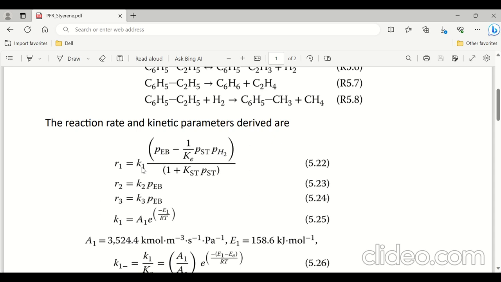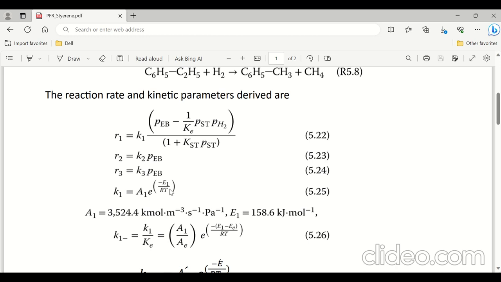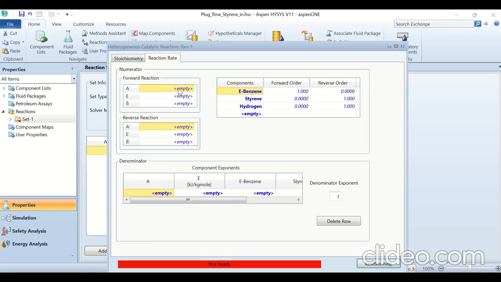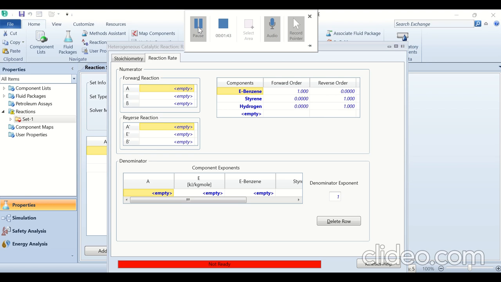So first we enter the rate of the forward reaction, K1 PEB. K1 is given by A1 exponential minus E1 by RT, so enter the value of A1 and E1.